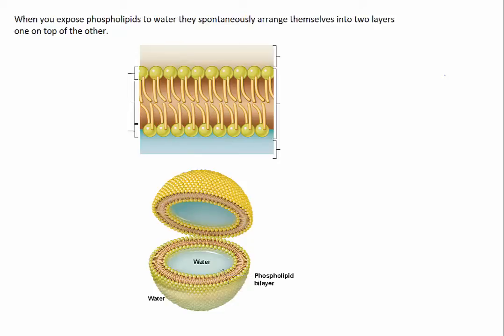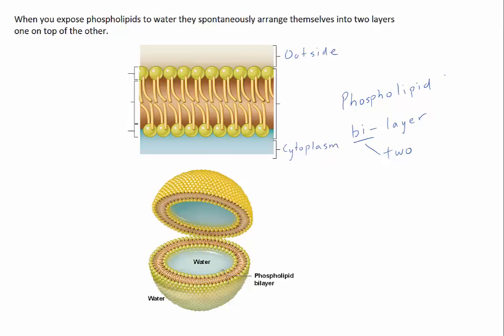And this organisation is referred to as the phospholipid bilayer, because there are, of course, two layers of lipids. So we know that we have water on the outside of the cell, and we know that the cytoplasm contains a watery fluid.